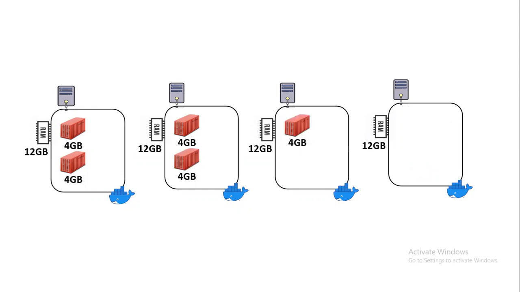Based on that, you're going to create new containers. But think of the time that you're going to consume in going through each and every machine, finding out what capacity is available and what you need, and then thinking of how many containers to create.